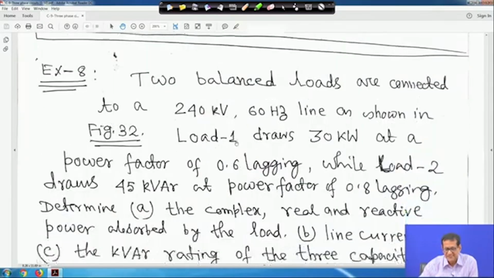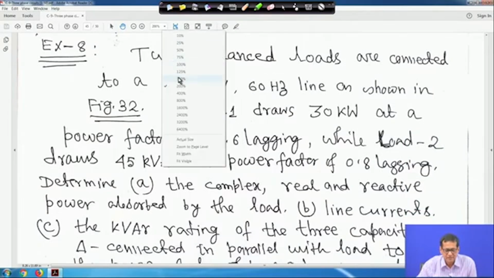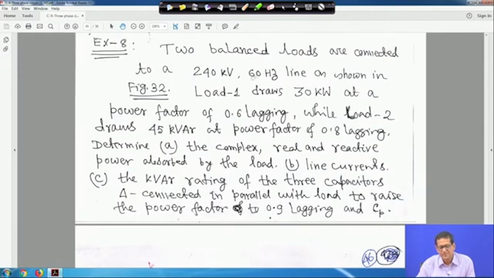Now this is a very interesting problem. Let me reduce the zoom a little bit. In this problem, two balanced loads are connected to a 240 kilovolt, 60 Hz line as shown in figure 32. I will show you figure 32. Load 1 draws 30 kilowatt at a power factor of 0.6 lagging.